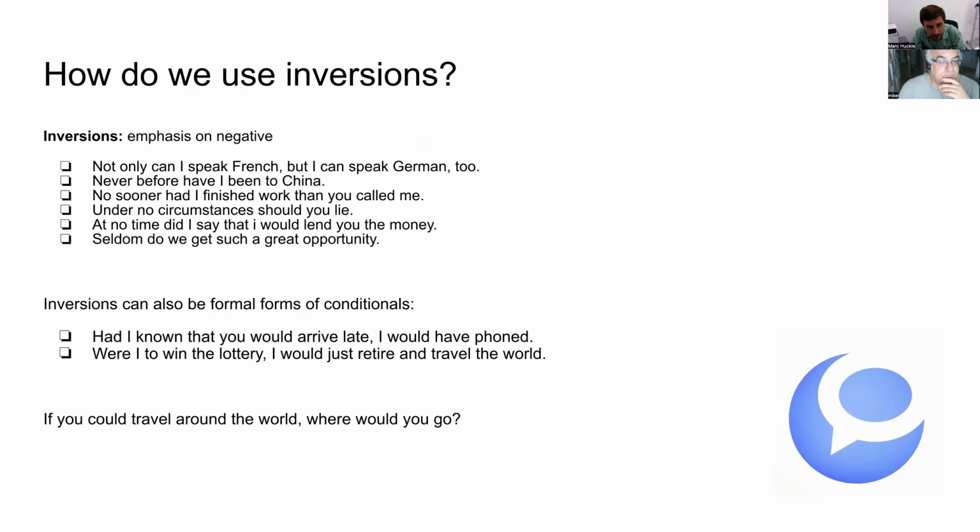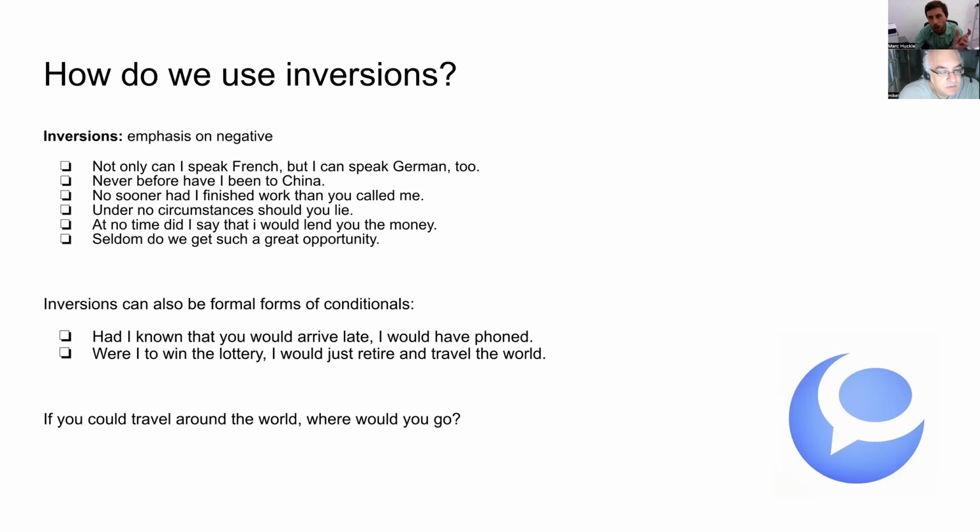We can use inversions instead of conditionals. So the phrase, had I known that you would arrive late, I would have phoned, means if I had known that you would arrive late, I would have phoned. We also have, were I to win the lottery, I would just retire and travel the world, meaning if I were to win the lottery, or if I won the lottery.